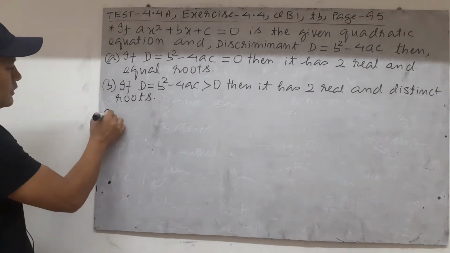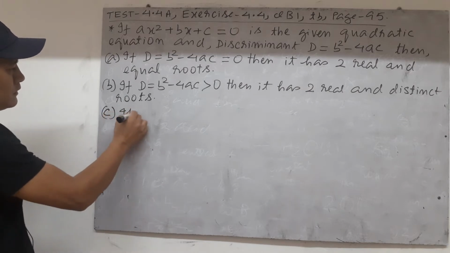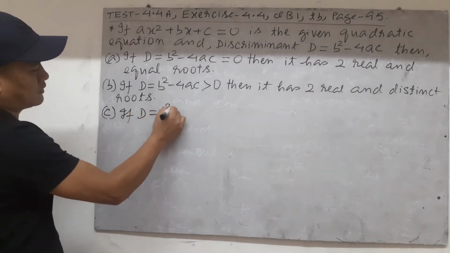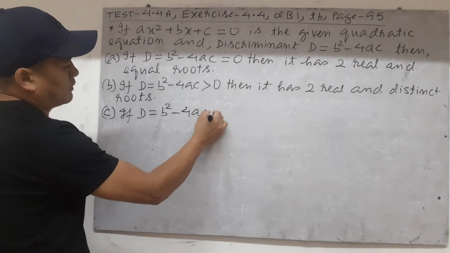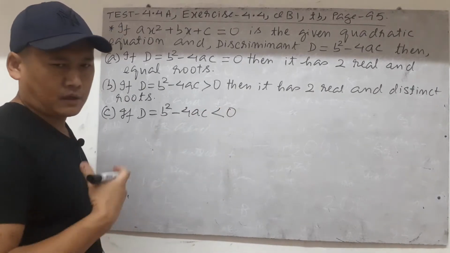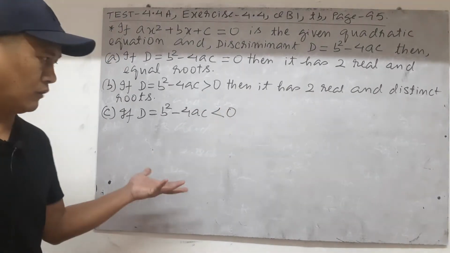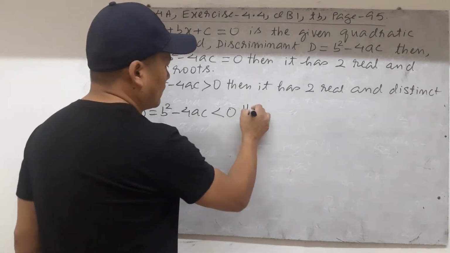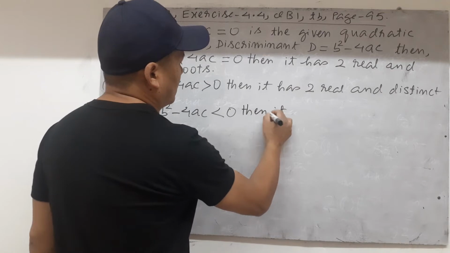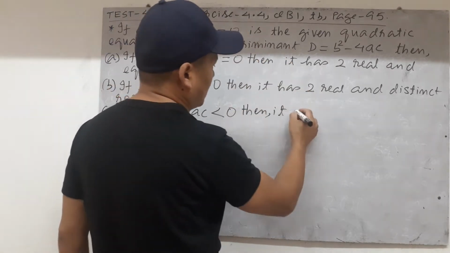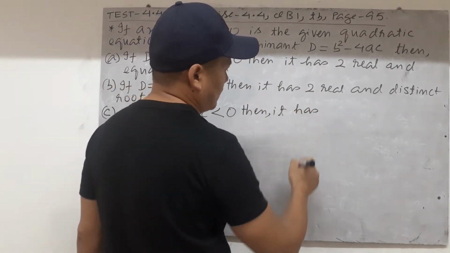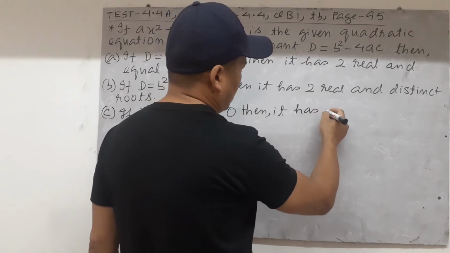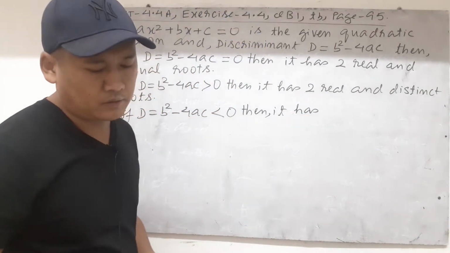Then the third condition is if this D, which is the discriminant b squared minus 4ac, is less than 0, meaning it comes out a negative value, minus 1, minus 2, all less than 0, then it means this equation has two roots which are unreal.